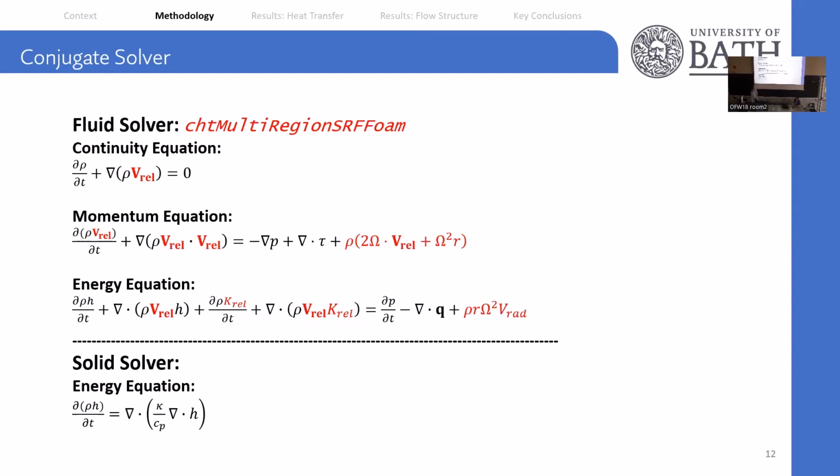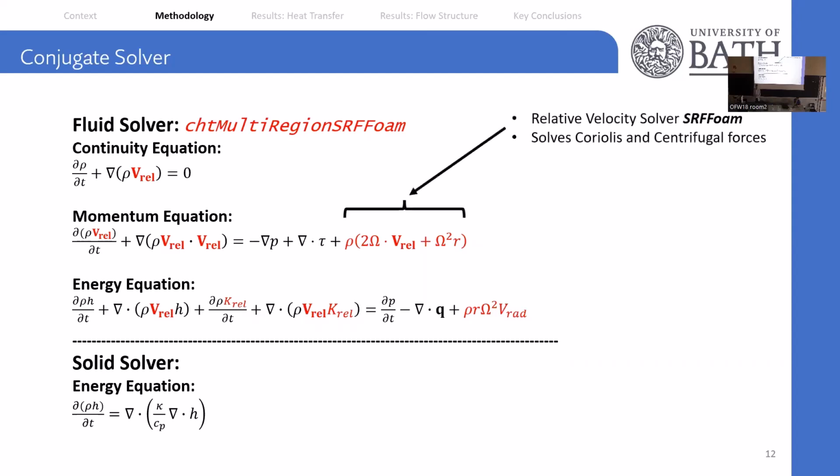Key implementations are using the available SRF module, which was existing within the code, but in an incompressible state. And this has been included into the new conjugate solver, in particular with the SRFFoam section, which has the Coriolis and centrifugal forces needed in the momentum equation. And also added was the term added to the energy equation used to help capture the work done by the centrifugal body force.